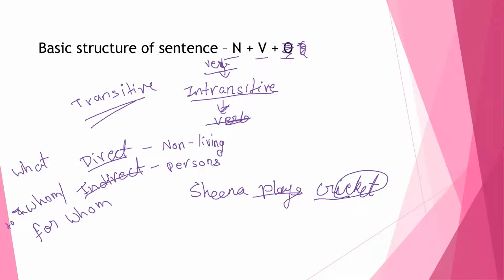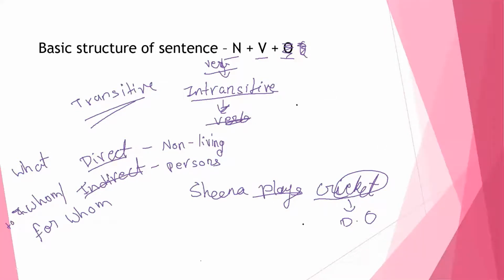So this is my direct object. But here I cannot find any indirect object, because if I ask, Sheena plays to whom? No answer. Sheena plays for whom? No answer. It doesn't even make sense.